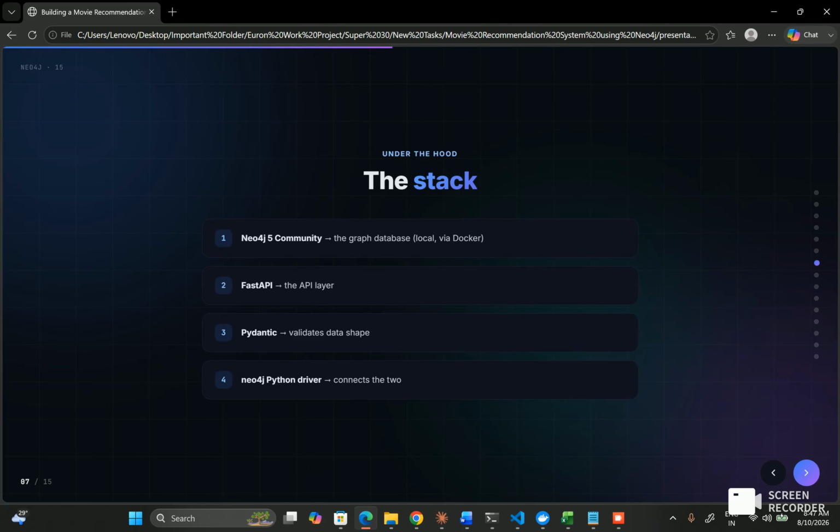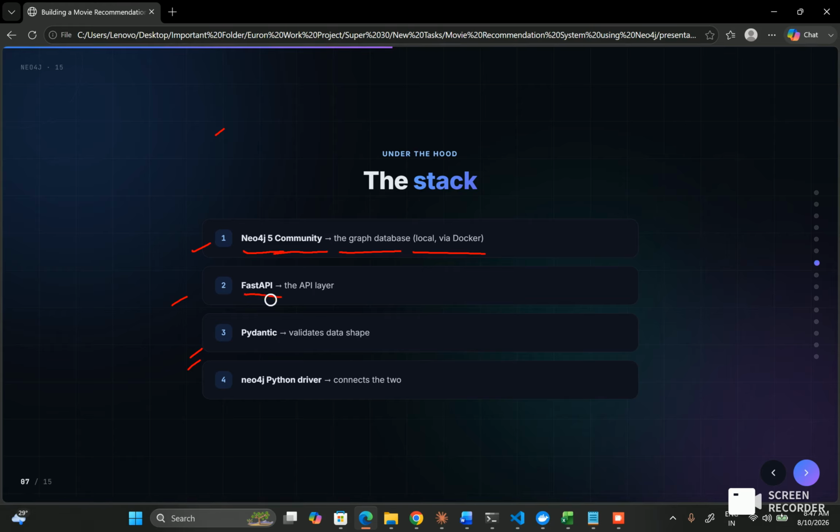Now, these pieces over here make the project work. Neo4j Community Edition, the graph database itself, running locally in Docker rather than a managed cloud service because I wanted every part of this visible.